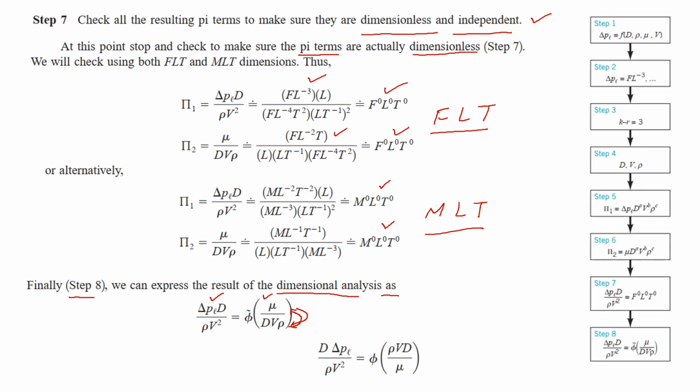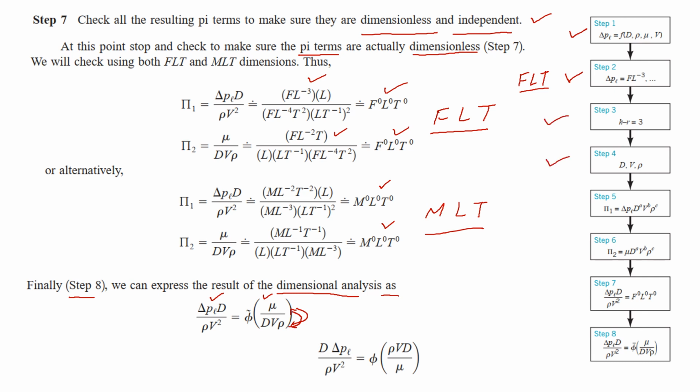So this is how we have done our dimensional analysis. Initially we identified our key variables, both our dependent and independent variables. Then we wrote them in our reference dimensions form, or basic dimensions form, that was our FLT. Then we identified our pi terms by using the Buckingham Pi Theorem.